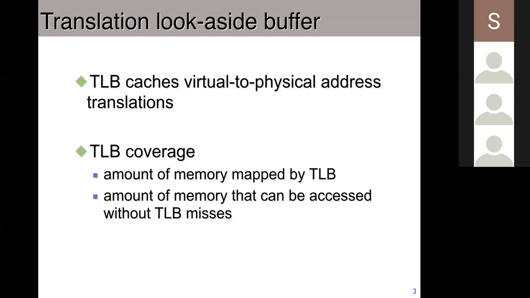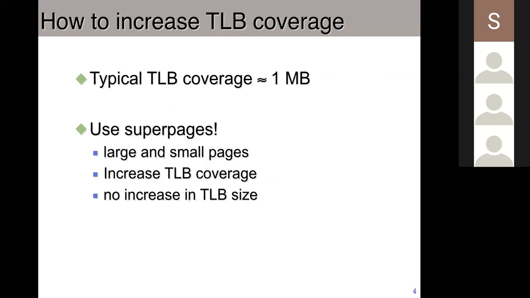So that's the key idea behind TLB coverage, which is informally the amount of virtual memory mapped by the TLB. This particular paper is about how we can have the operating system provide support for superpages to user space applications without having to modify them. So we want superpages to be transparent.